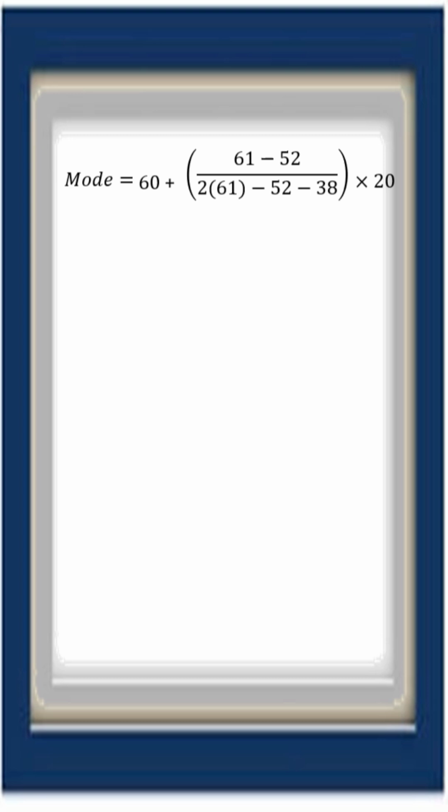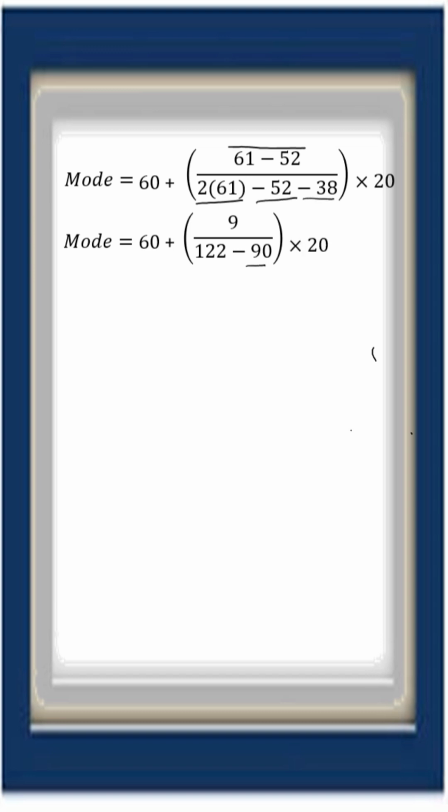Now let us solve it. 61 minus 52 is 9. 2 into 61 is 122 minus 52 minus 38, that is 90. 122 minus 90 is 32. 32 into 20.